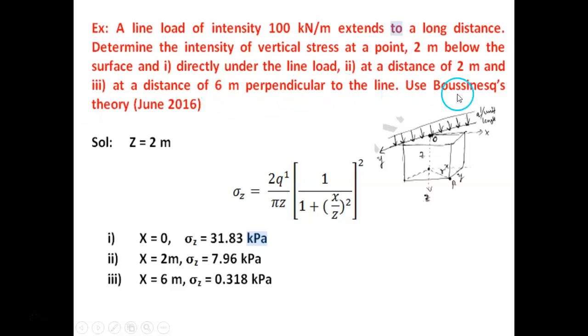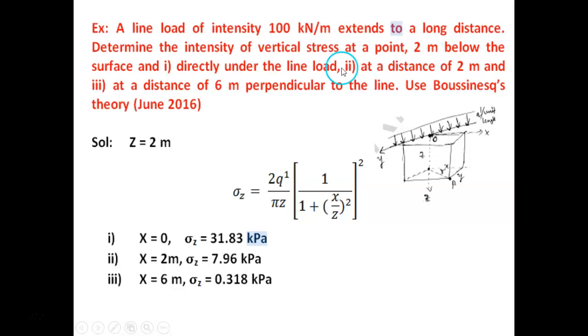Use Boussinesq theory. So the intensity of line load, that is Q dash, is given as 100 kilonewton per meter. Then Z value is given as 2 meter.